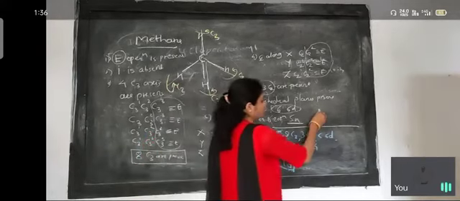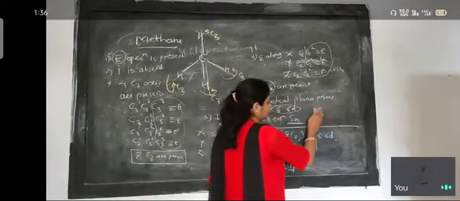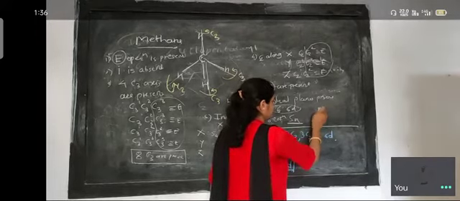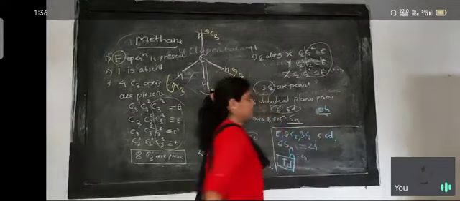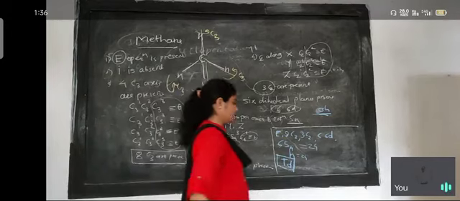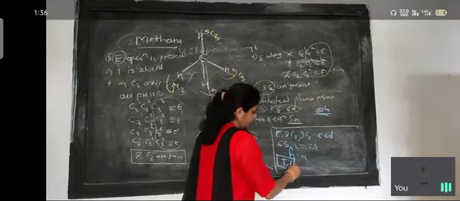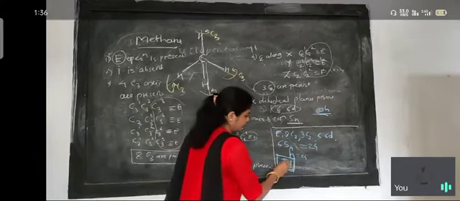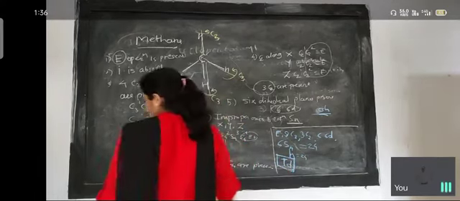The special point group of the SF6 molecule is octahedral. When you consider the methane molecule, it is related to the special point group whose name is tetrahedral. You have to write here Td. Td means tetrahedral molecule.